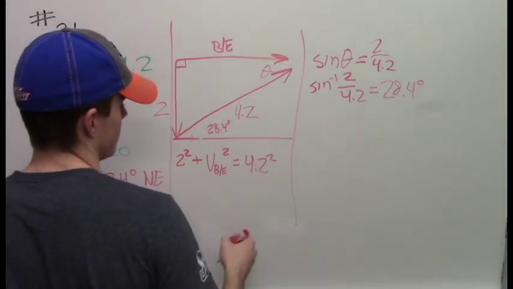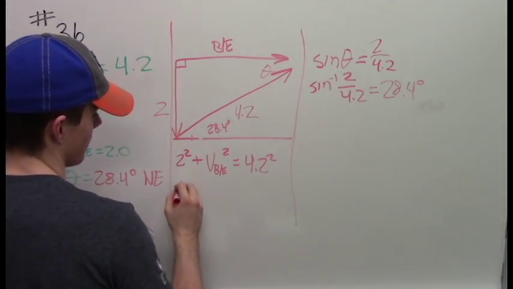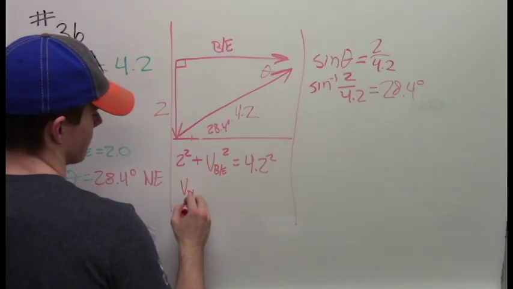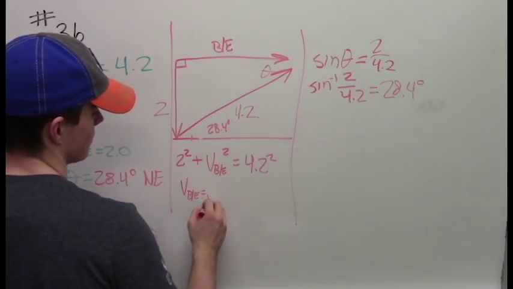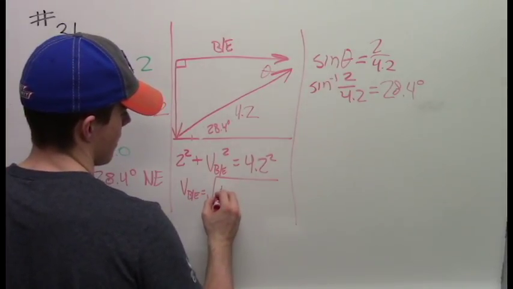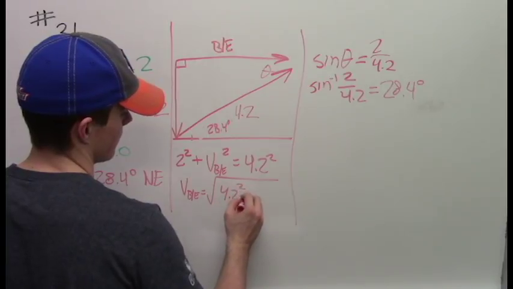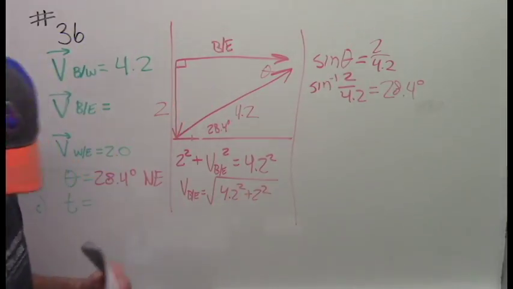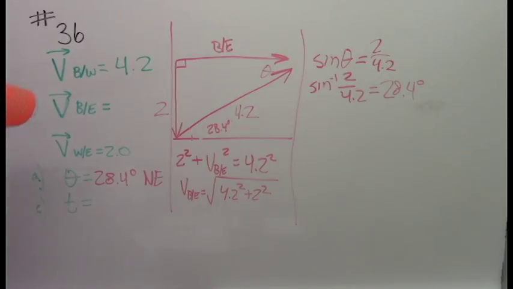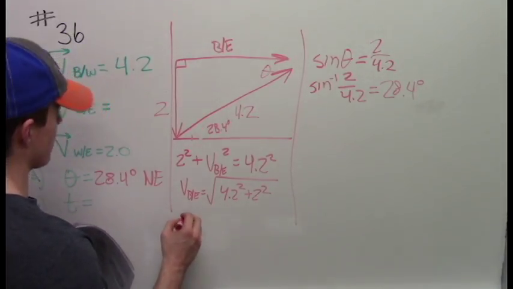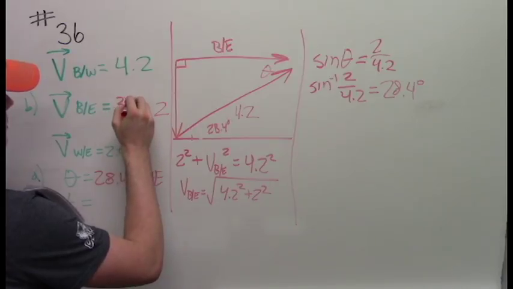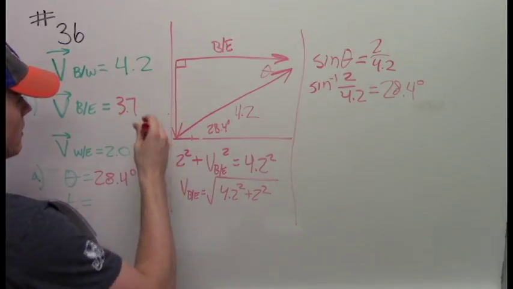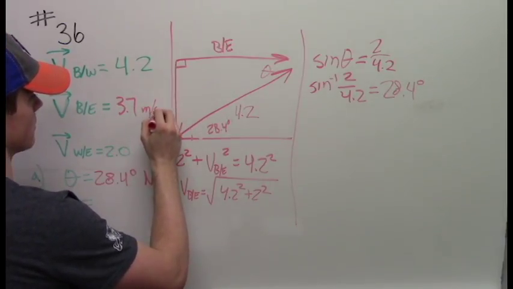So we'll just subtract the 2 over, and we get velocity BE is equal to the square root of 4.2 squared minus 2 squared. And that is equal to 3.7 meters per second.